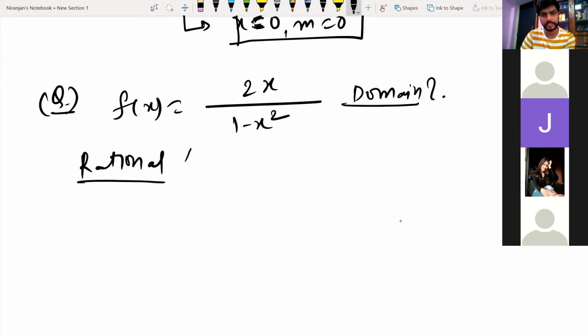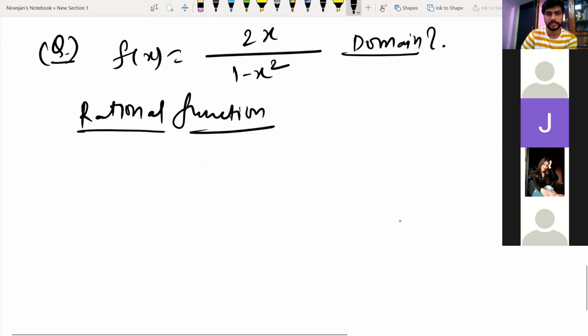What is a rational function, guys? Can anyone tell me? Simran, what do you think a rational function is? Ratio of two polynomial functions. Yeah, ratio of two polynomial functions.